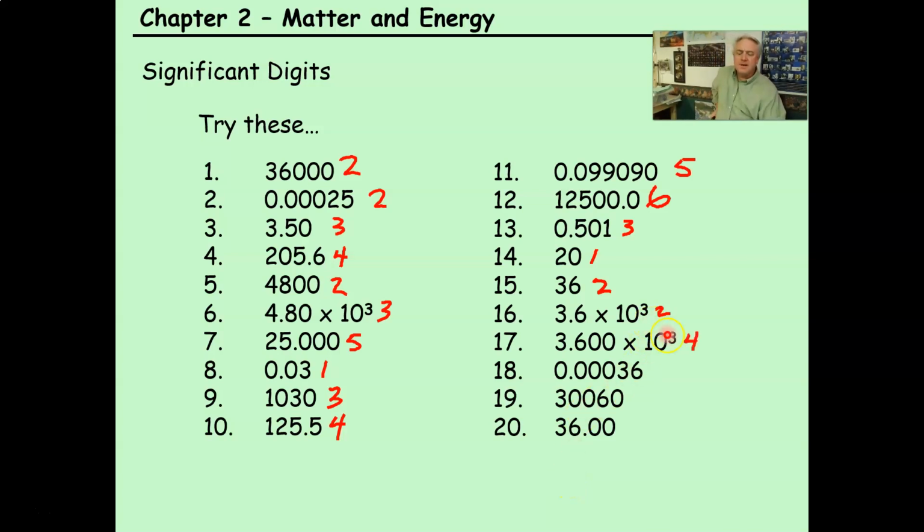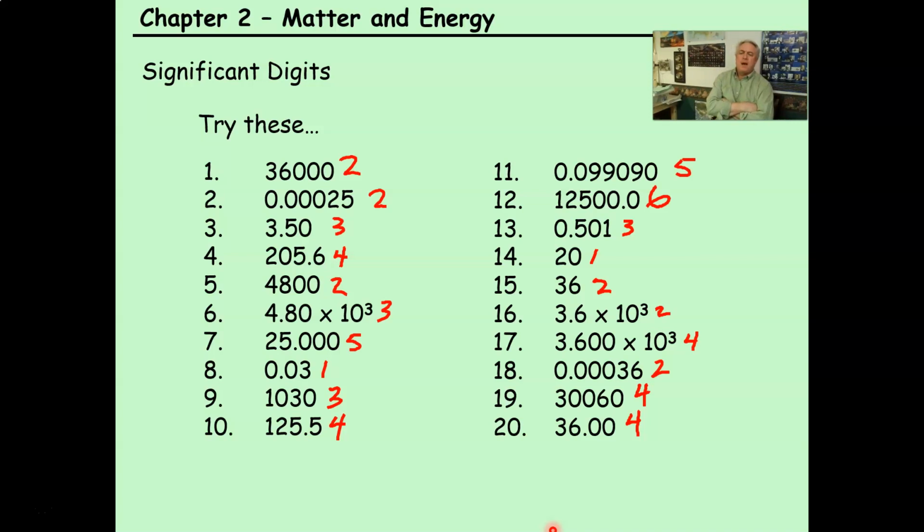And the times 10 to the third is not really relevant for determining significant digits. 0.00036, that doesn't count until you get to the 3 and the 6, and that has 2 digits. 30060, coming in from this side, don't count it, and then count it, count it, count it, count it, 4 digits. All right, coming in from the left side, count it, count it, count it, count it. There we'll have 4 digits.